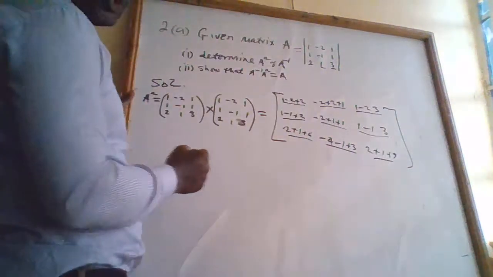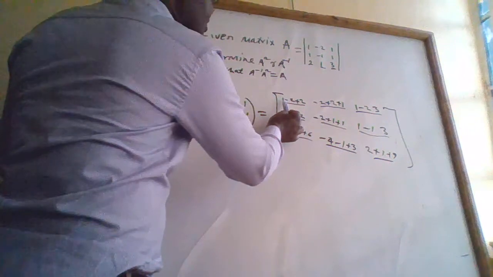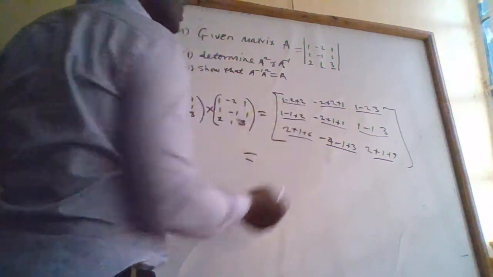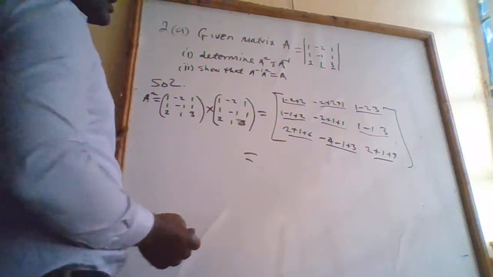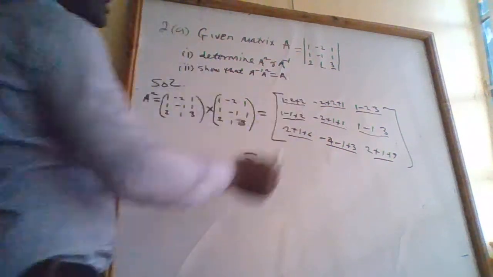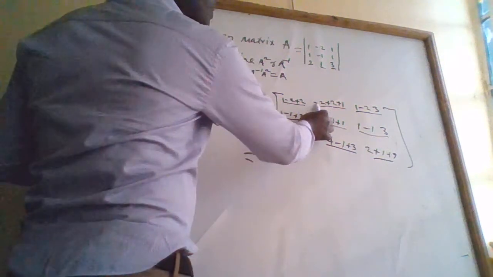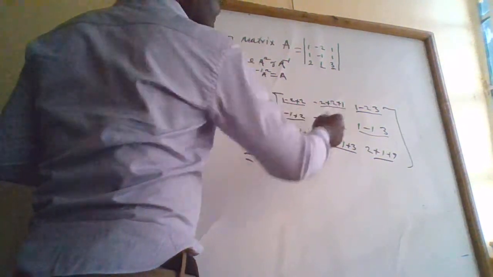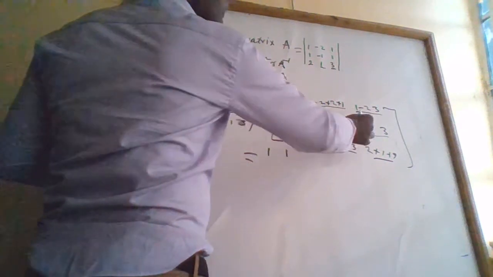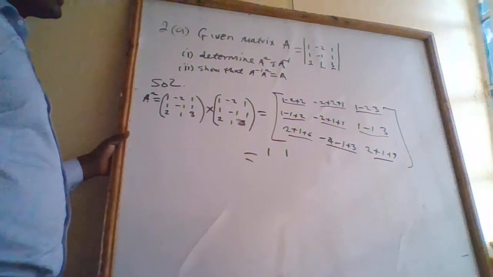Like that. So this equals to, of course, then here 1 minus 2 plus 1, minus 2 plus 2. So it's like 3 minus 2, we have 1. Then 2 minus 2 plus 2, 0 plus 1, that is 1. Then 1 minus 2 minus 1 plus 3, plus 3.